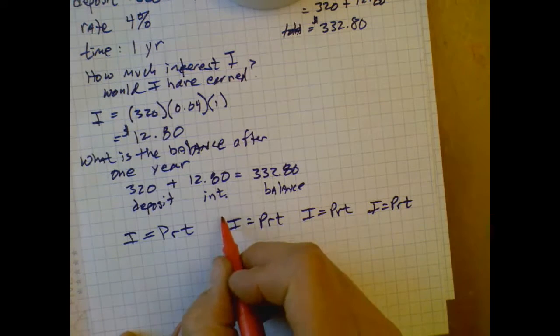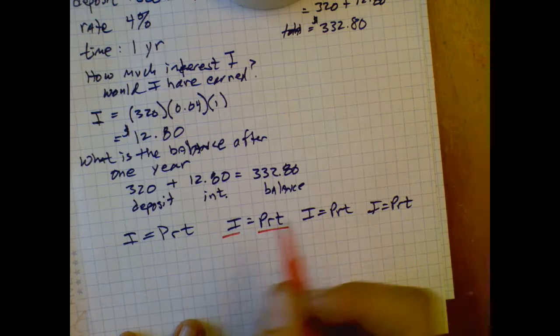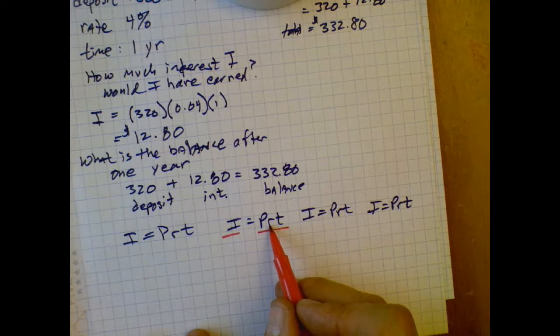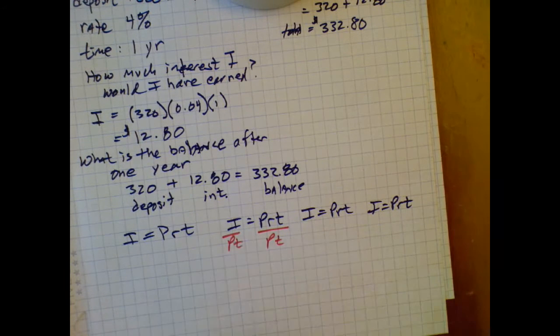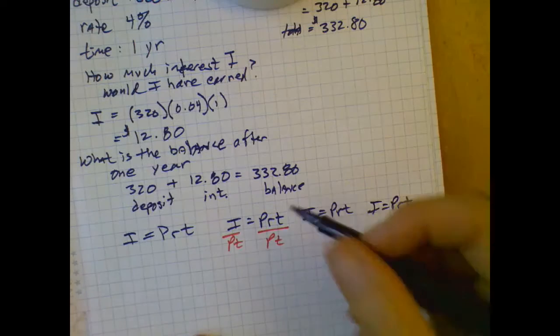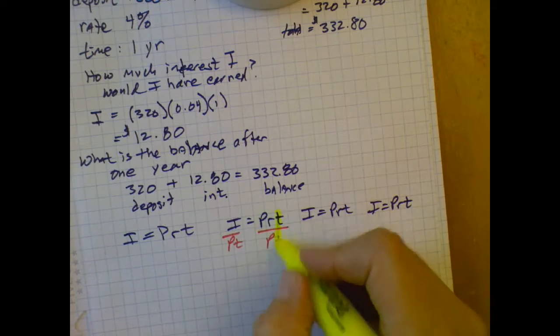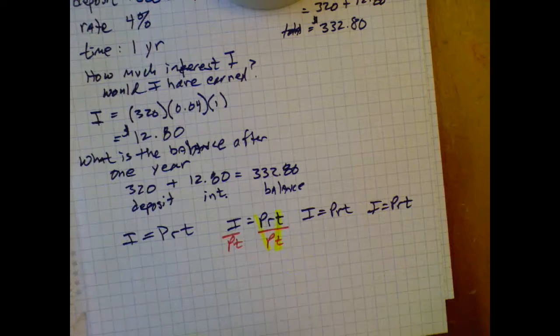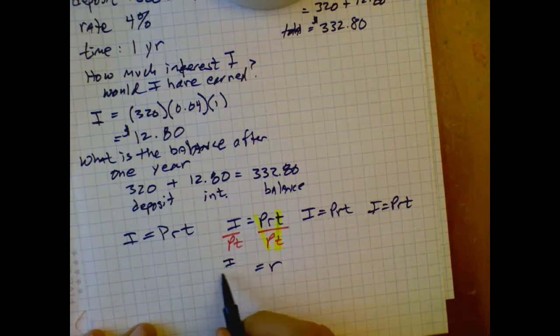So if I want to know what the rate is, I'm going to have to divide both sides by what the rate is being multiplied by. Here it's being multiplied by P and T, so I'm going to divide both sides by P and T, by the principal and the time. And on this side, this will cancel, and this will cancel. And my rate is equal to the interest divided by the product of the principal and the time.